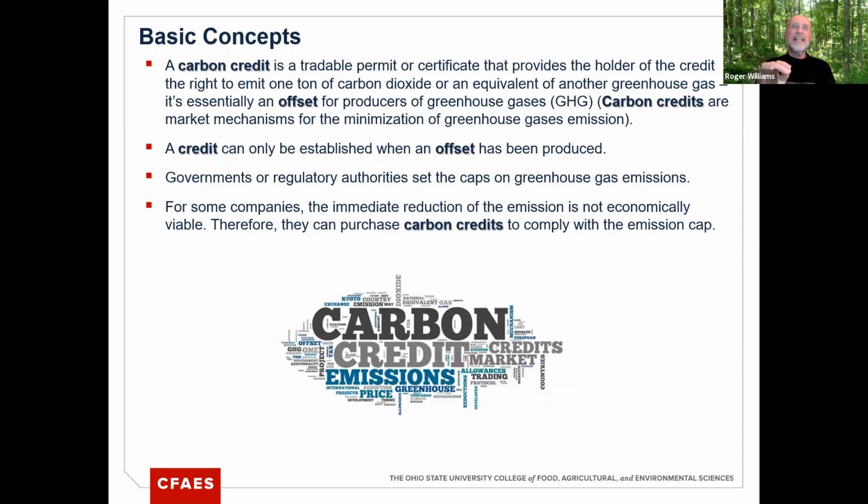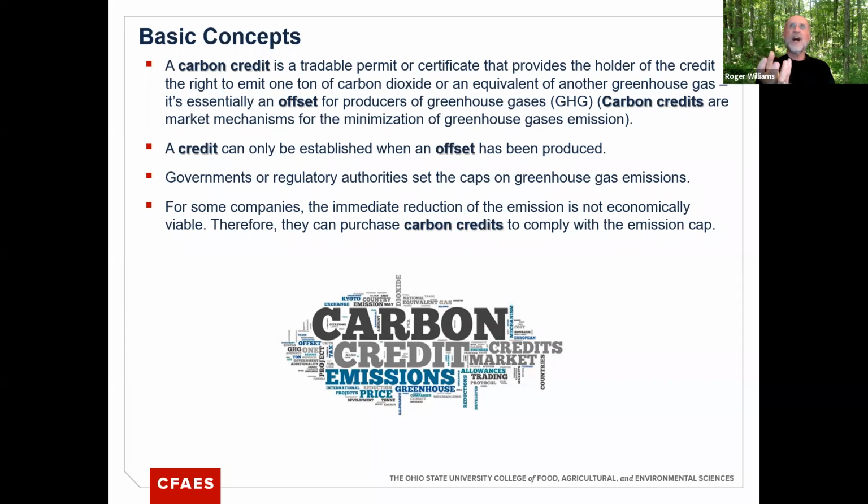Now, at the end of this presentation, I will let the economist and policy folks, Dr. Sohngen and Mehmood, address more of those questions about how these offsets are turned into credits. A credit can only be established when an offset has been produced.